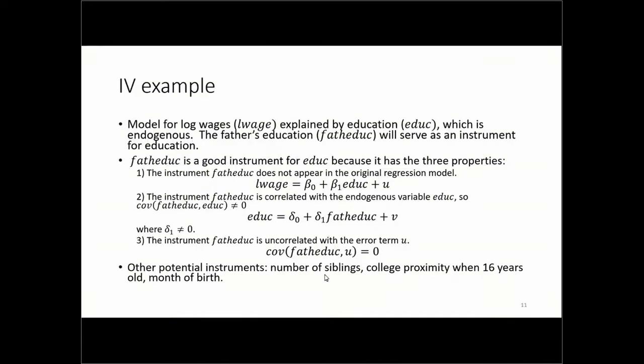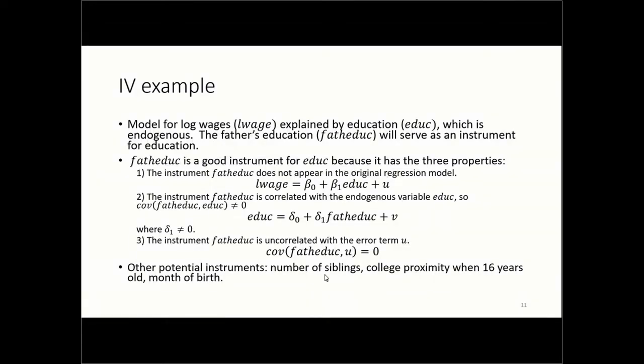Another instrument is college proximity at 16 years old, because it's assumed that if college is closer, it's more likely that someone would get higher education. Or the month of birth, which may be correlated with when they enter school. So these are other instruments that are proposed for education.